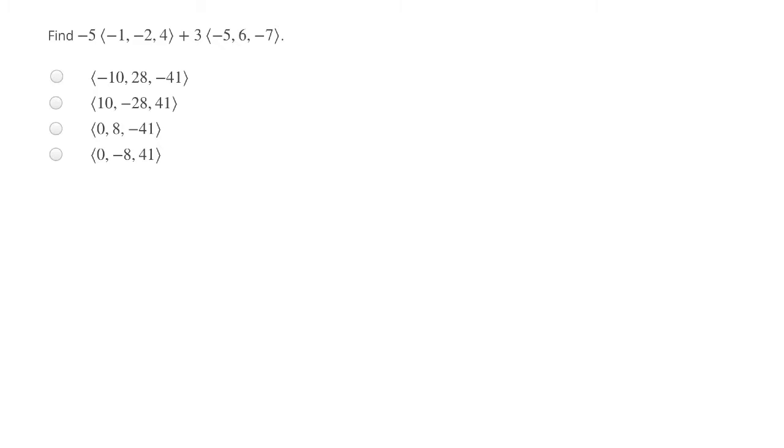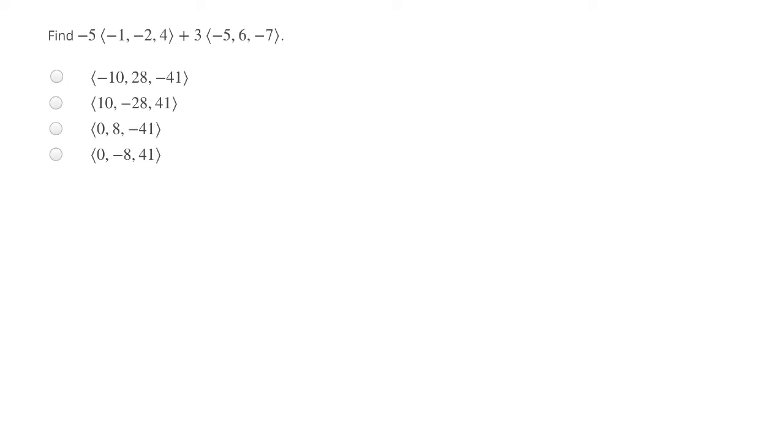So in this case, what we want to take is a linear combination of a couple of vectors in 3 dimensions. The first thing we have to remember is that scalar multiplication is always done component-wise, as is vector addition.